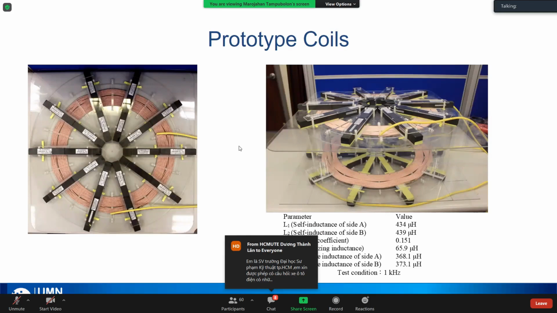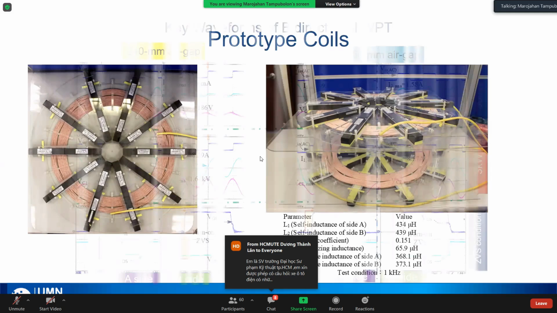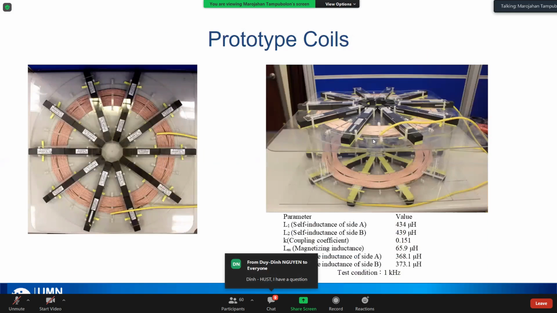I think we don't have this anymore in the lab right now because it has already been changed to 8 kilowatt. Okay, this is the data about this coil. It's around 0.43 millihenry, and we try to make them identical, but of course it's really difficult to get them to have the same value. Okay.